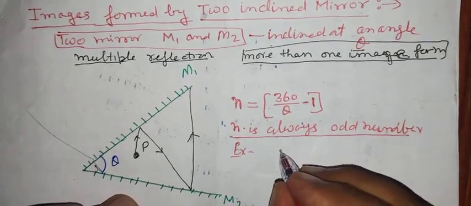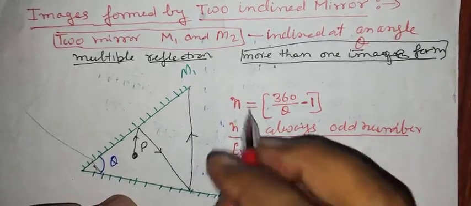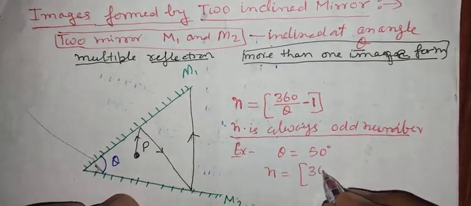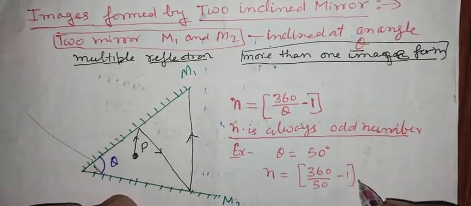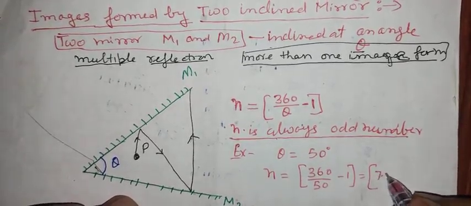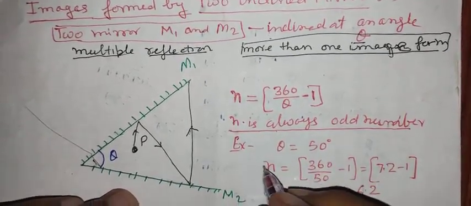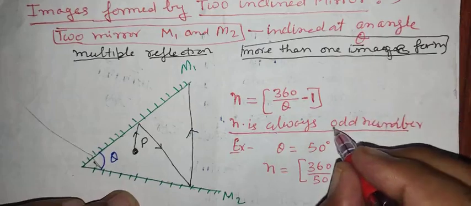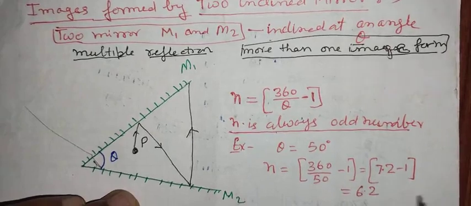If we take theta equal to 50°, then the number of images formed n can be given as 360 by 50 minus 1. 360 by 50 is 7.2, minus 1 makes 6.2. n is always an odd number, and odd numbers are whole numbers: 1, 3, 5, etc. No fraction in this.